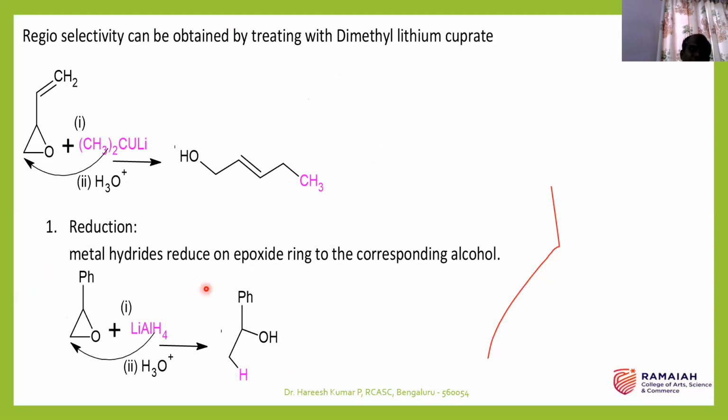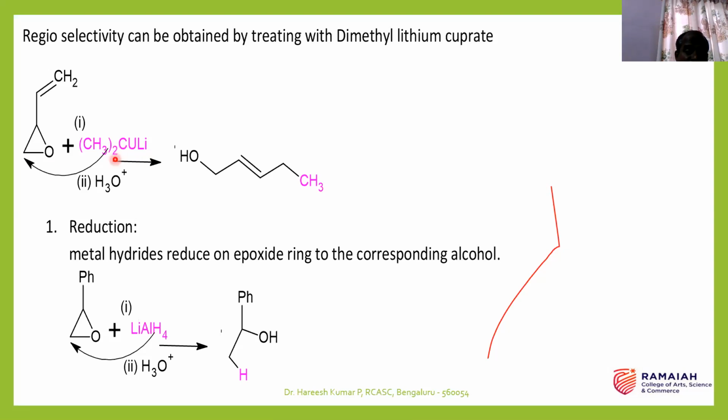Suppose you want to prepare the product regioselectively, that means it attacks at only one site. The product is formed regioselectively when we use dimethyl lithium cuprate. This is again an alkylating agent, so the CH3 minus carbanion is the source.